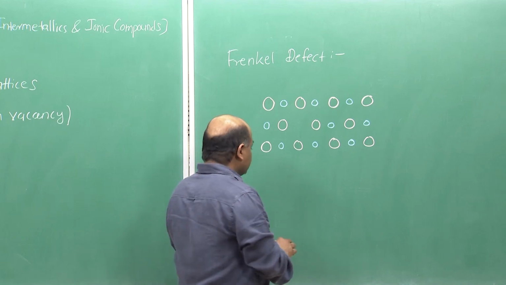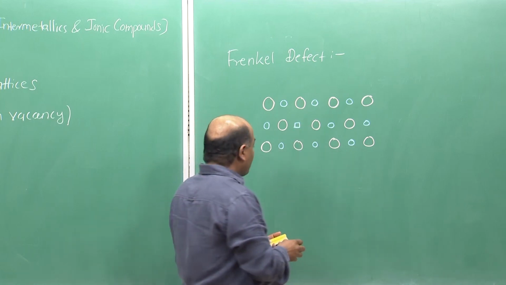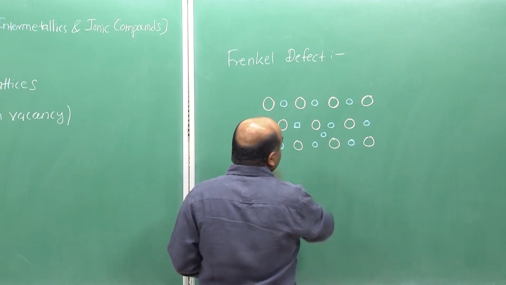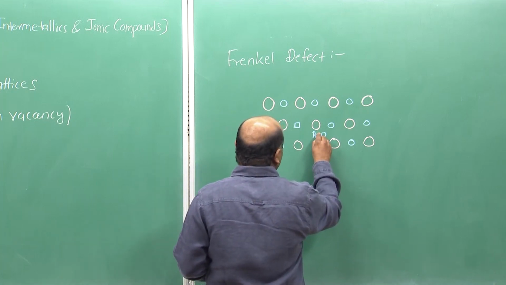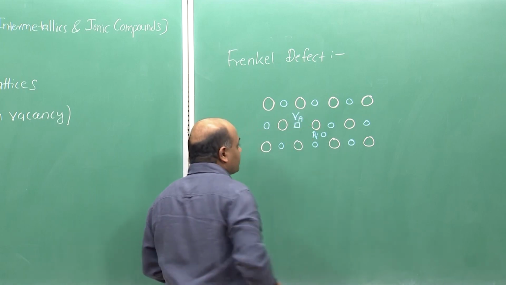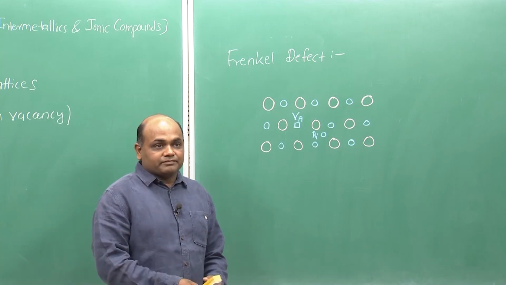An A atom leaving its site will leave a vacancy behind, and A being very small can occupy an interstitial site. So, this we call A I, interstitial of A, and this is V A, the vacancy on A sublattice. So, this is the Frenkel defect.